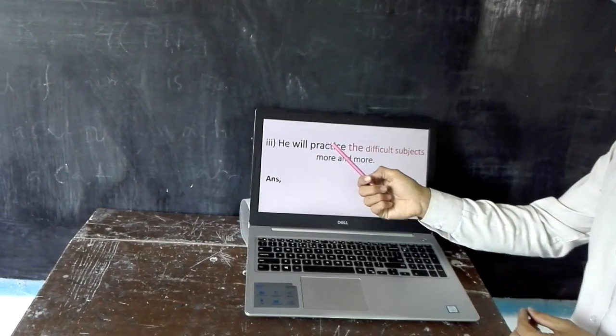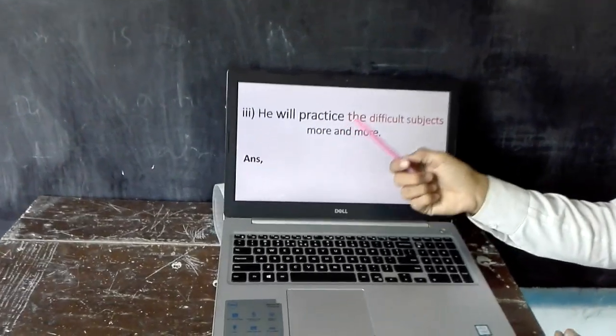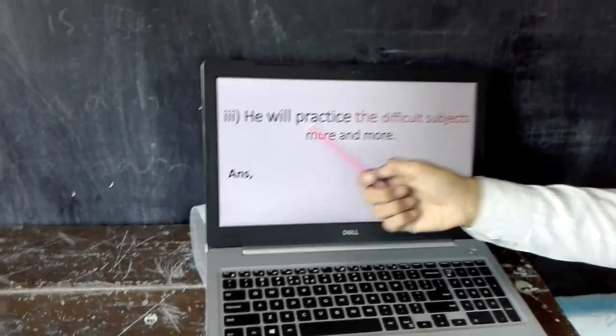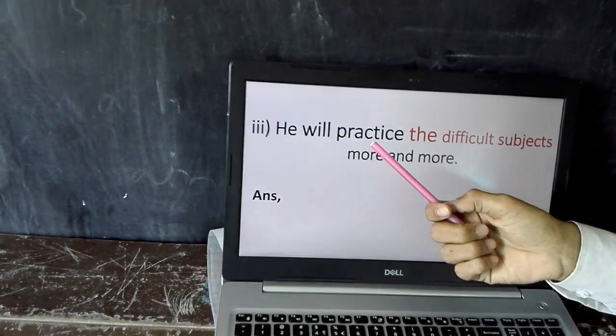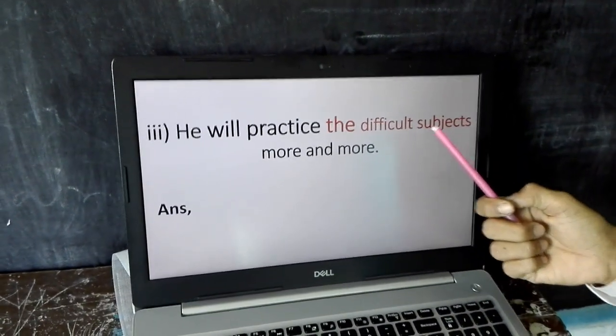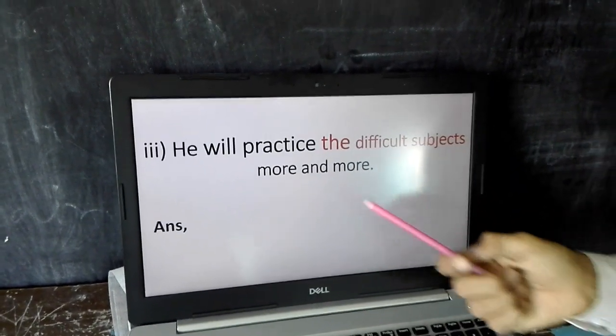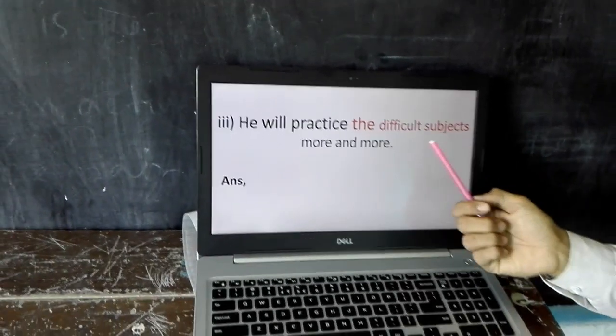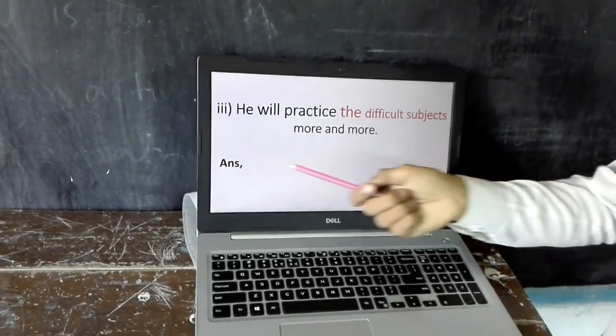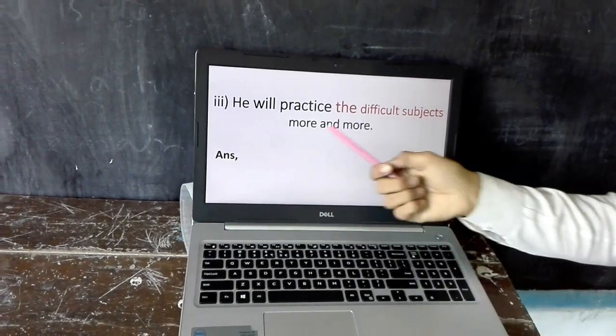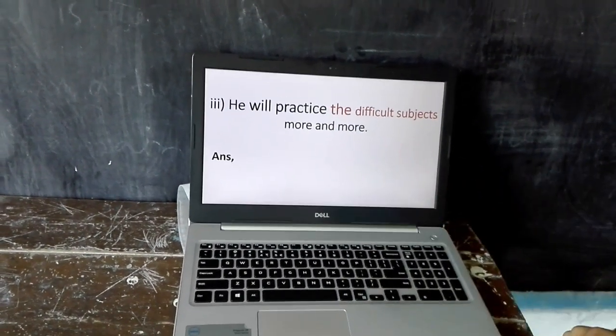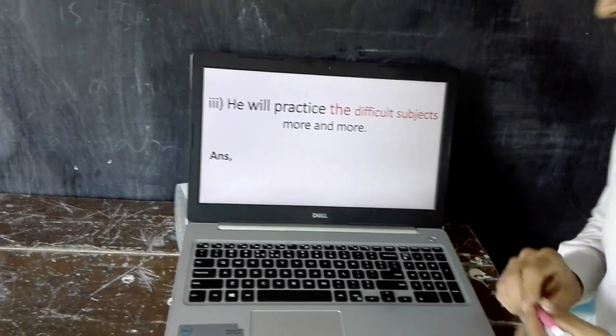Will practice, these two words are the verb, auxiliary verb and principal verb. The difficult subjects, these three words are the object of this sentence, which has been colored and which we will write at the place of subject. And more and more, these three words are the extension of this sentence.